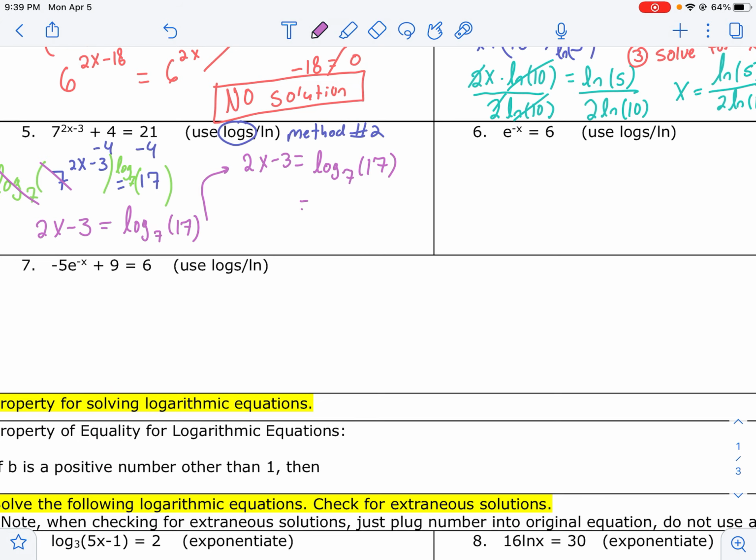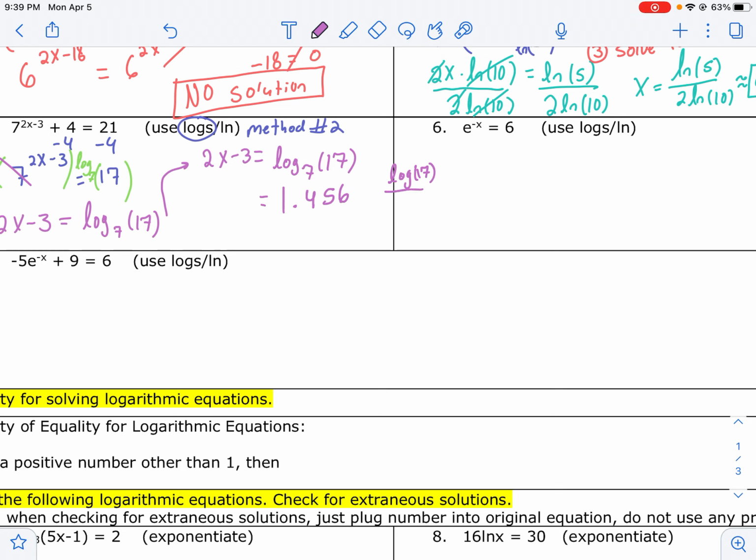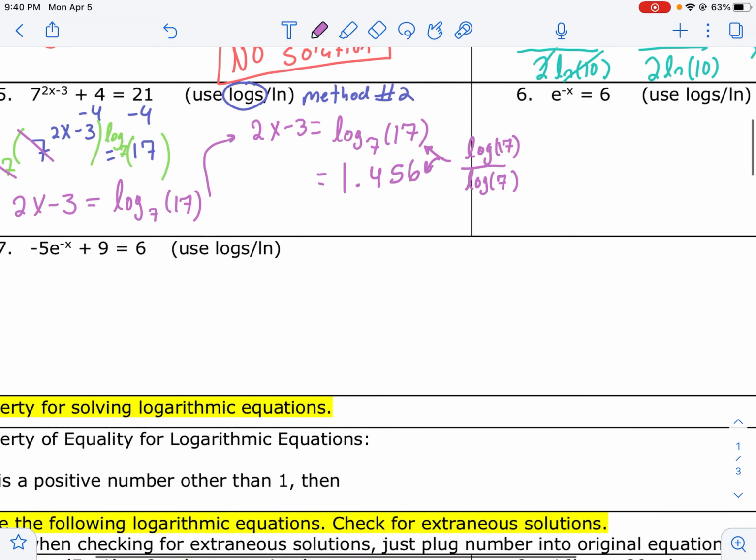If we want the decimal here, that decimal is going to be 1.456. And how you get that is your change of base, which would be log of 17 divided by log of 7. All right. And that is going to be our change of base formula that takes us from here into here.